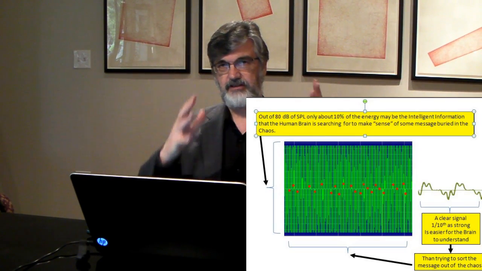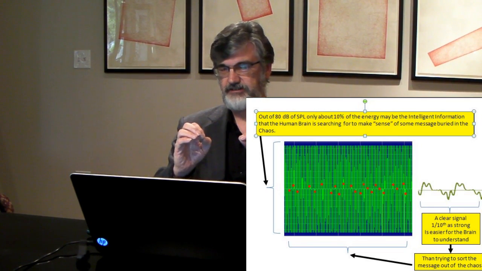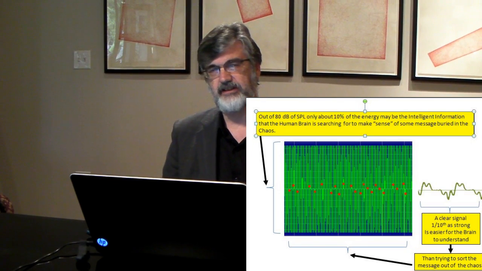And that's what the next slide shows: in the middle of this distortion, the brain is trying to find just those parts which make sense and understand the word that's being said.